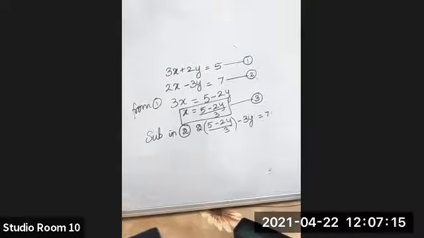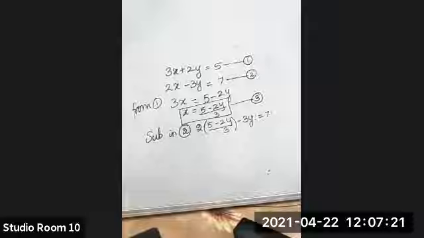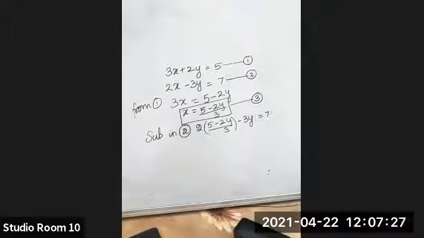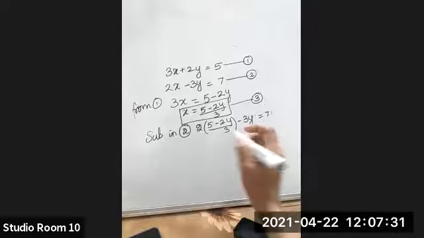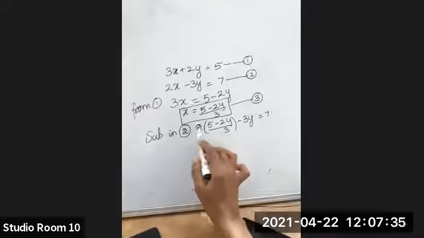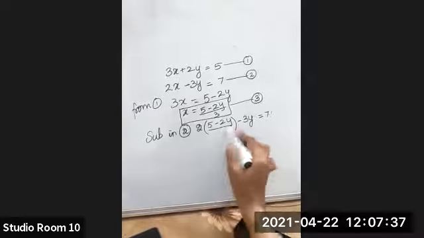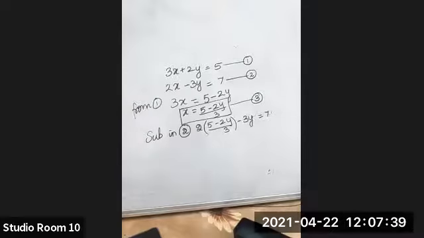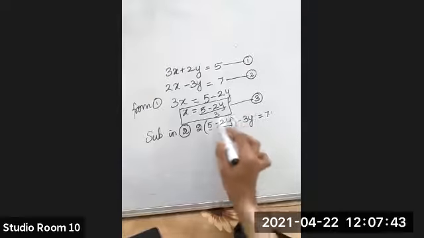Up to this, is it okay? Yes, ma'am. We are substituting in the second equation, instead of x, (5 minus 2y) by 3. In the previous question, we were able to cancel. Here, in the numerator we have 2 and the denominator is 3. We can't cancel that. Then what can you do? The 3 is only for this term.